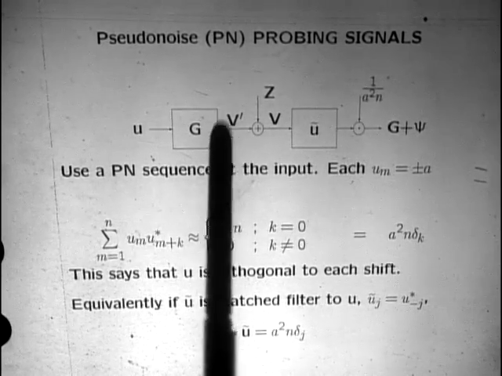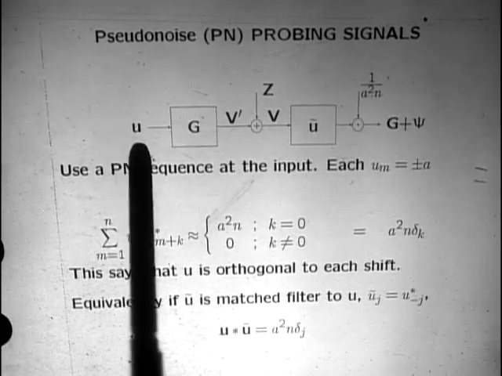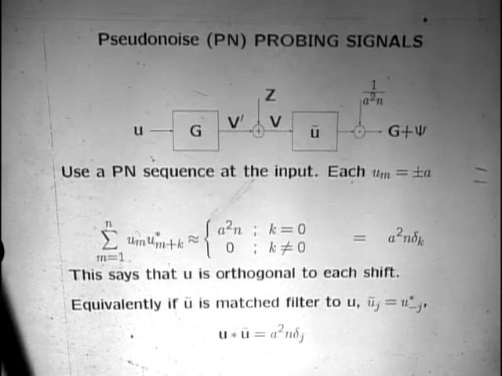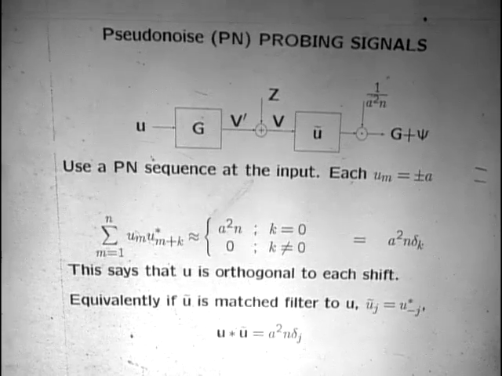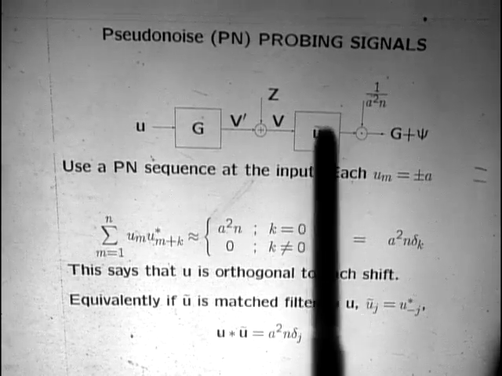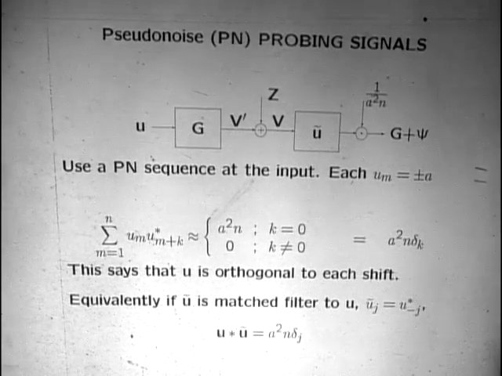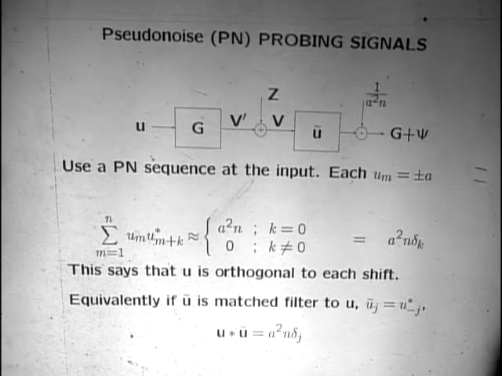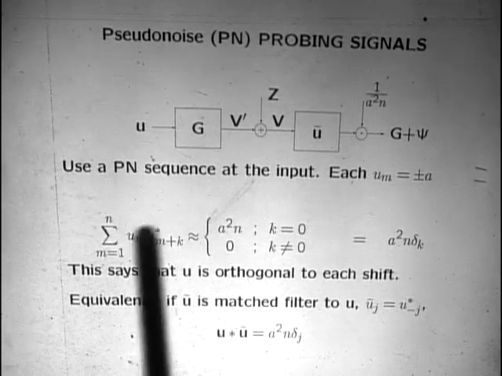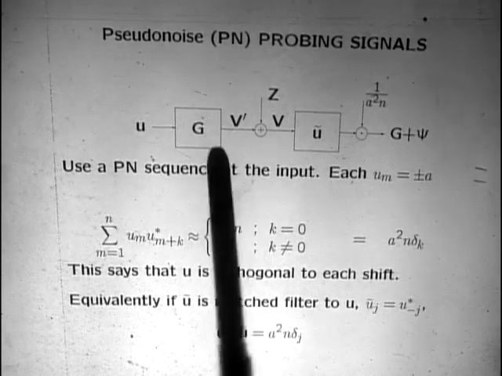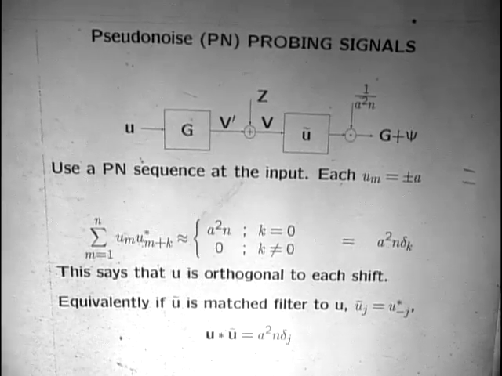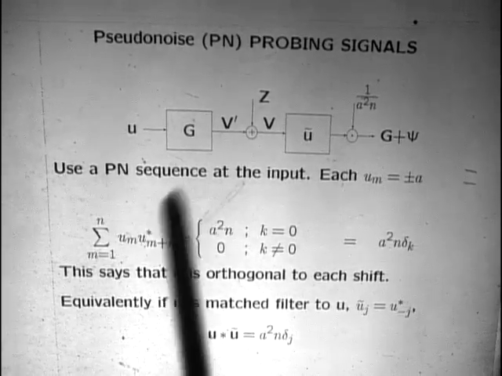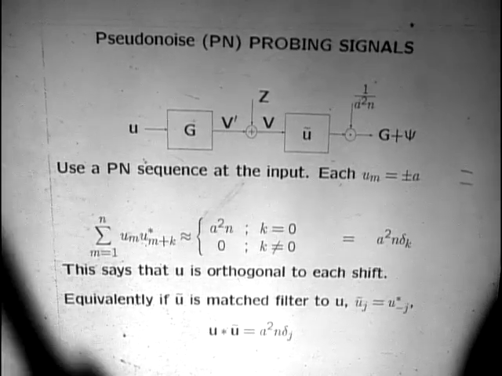So what comes out here, v prime, is just a convolution of u and g. We then add the noise to it. I claim that what we ought to do is use a matched filter to u here. And if I use a matched filter to u here, and I'm using a pseudo noise sequence, it is going to, bingo, give me the filter that I started out with plus some noise.